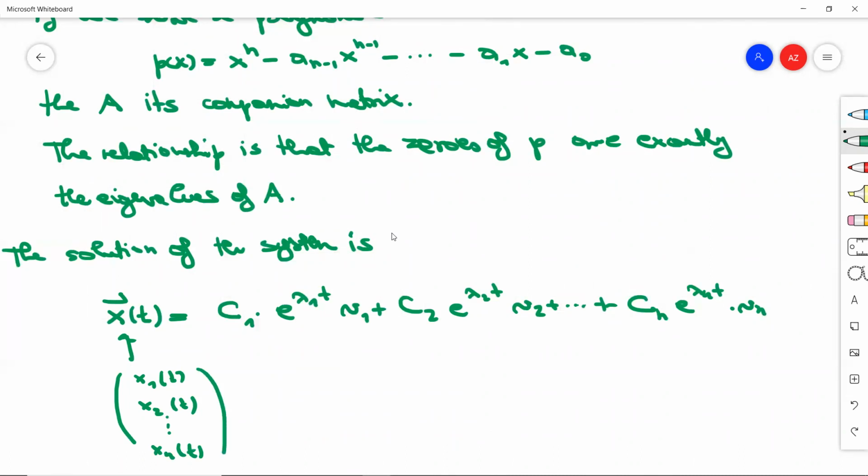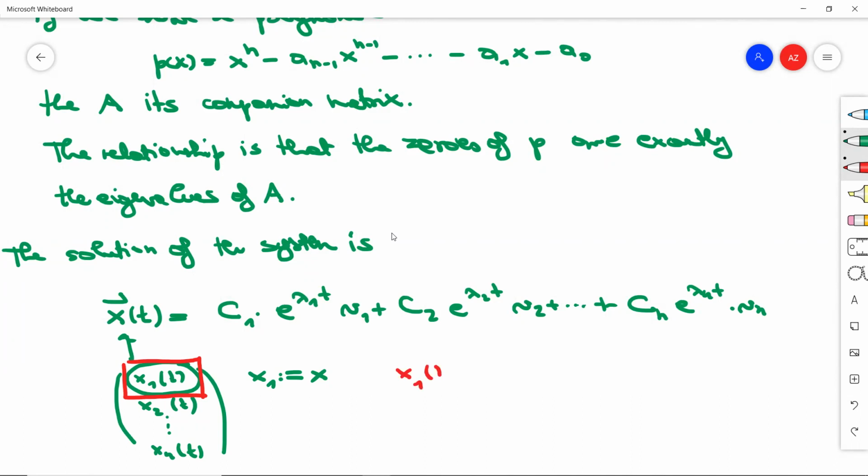But what we are interested in is only the first component. When we are solving the differential equation of order n, we introduced x1 to be, by definition, equal to our x. So when we are solving this system, we are only interested in x1.